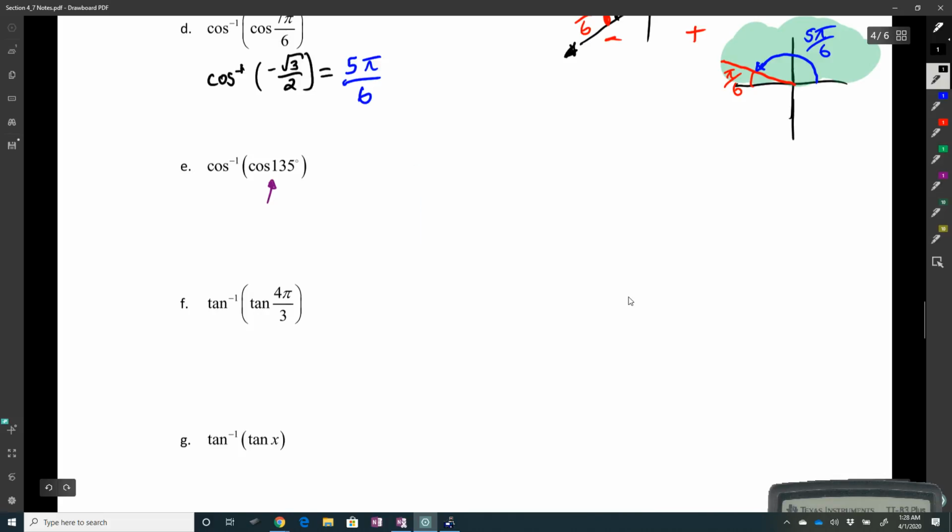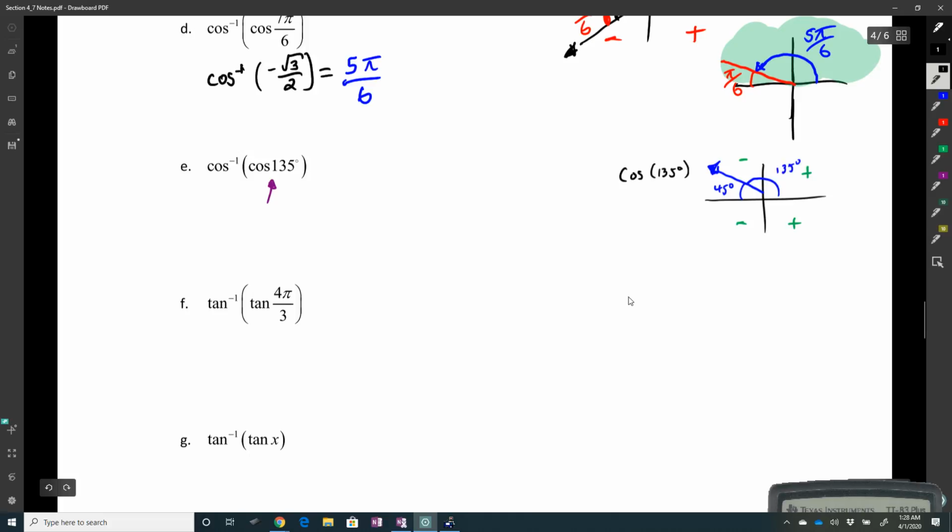Let me work over here. So 135 degrees puts this over here. And if this is 135 degrees, then what's left is 45 degrees. Okay? And so cosine is positive, negative, negative, positive.